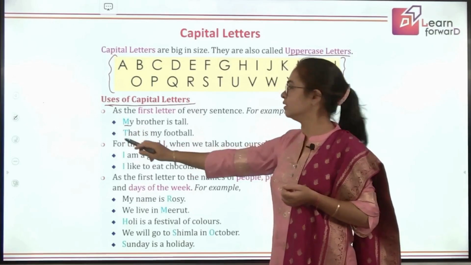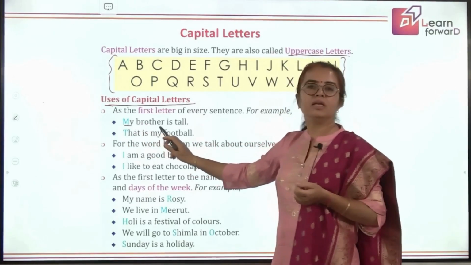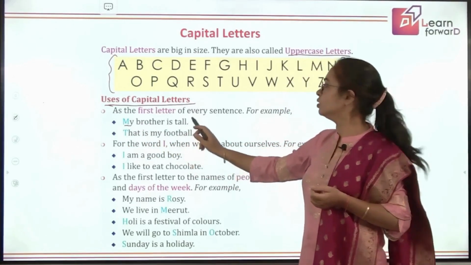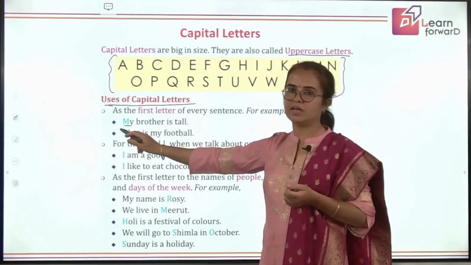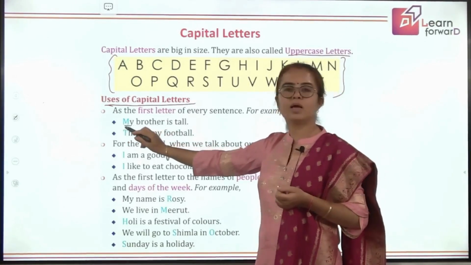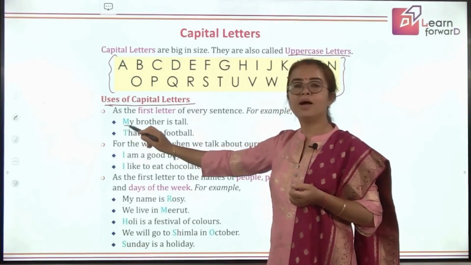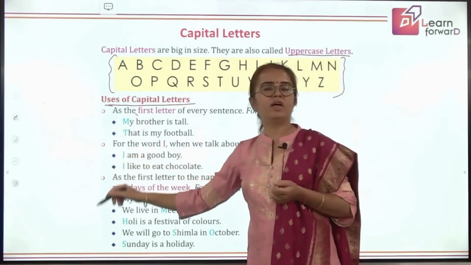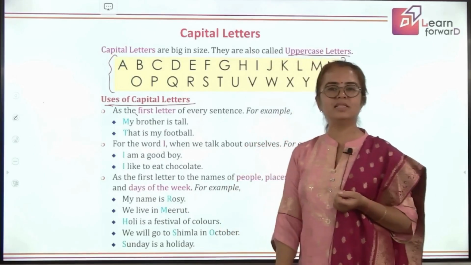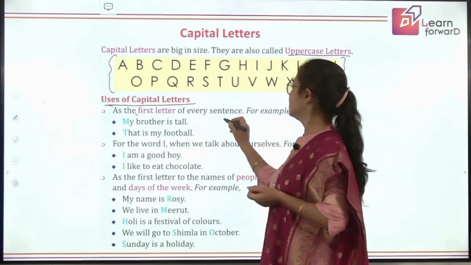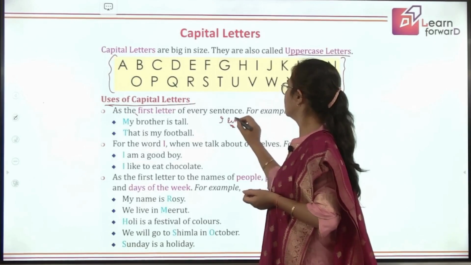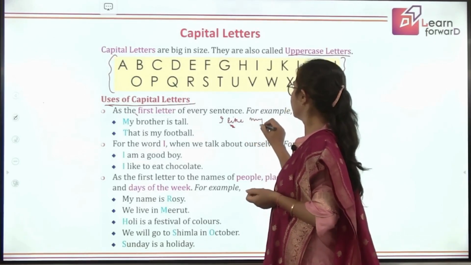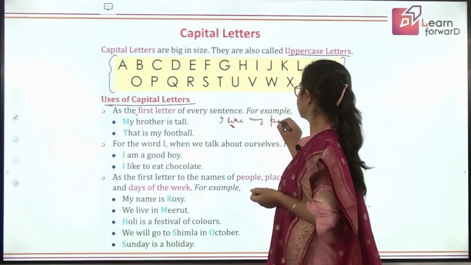Let's read this sentence. My brother is tall. So this we have started writing. This is the first letter of your sentence, so we are putting it in capital. But the same word my, if I use somewhere between a sentence, then let's write another sentence. I like my parents.